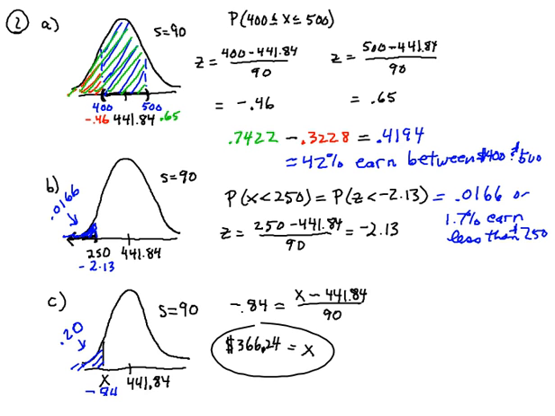So 20% of the workers here are making less than $366.24. 20% of these earners make less than $366.24.